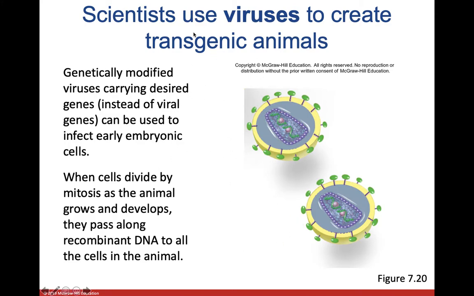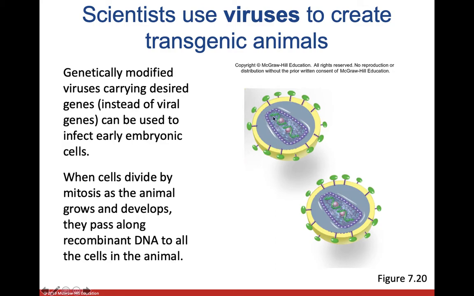You can use viruses to infect cells to give them DNA. If you recall from our earlier lecture about how viruses work with the transduction concept, essentially a virus is a postage envelope that carries a message inside of it. It does not matter what the message is, the virus will deliver it regardless.